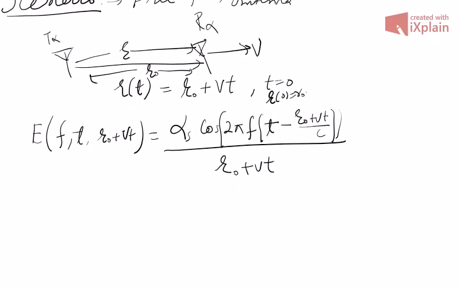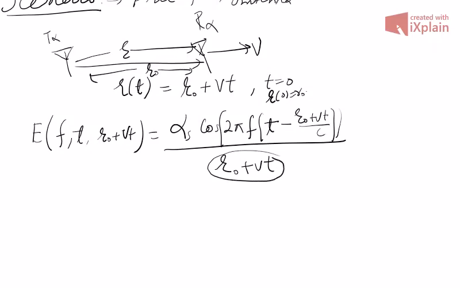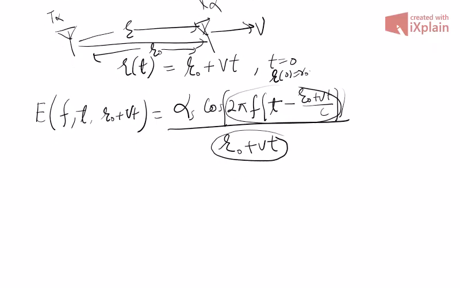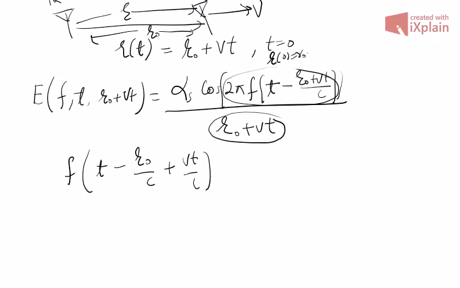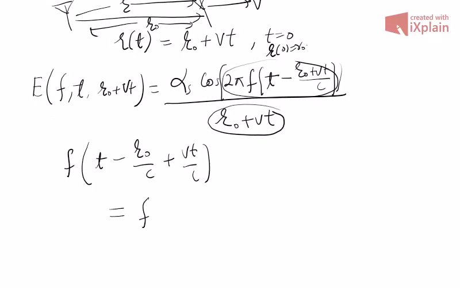We are mainly worried about these changes in the denominator as well as the changes in the phase. This is very simple. Now the inside thing, f of (t minus r0 by c plus vt by c), we can also write as f of (1 minus v by c) t, by taking t common, minus f r0 by c.